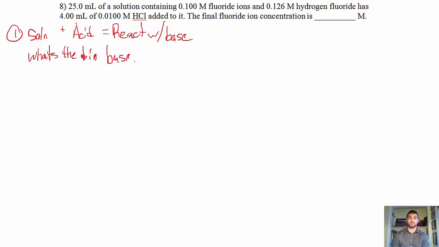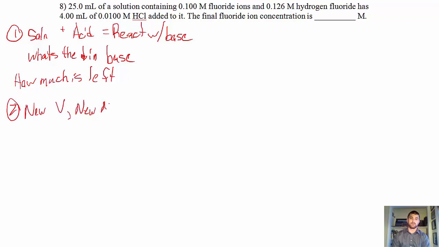How much base was used up by adding that acid? Because it's going to change our concentrations. So, how much is left? And the second part is going to be, well, we got a new volume, so we get new molarities as well. So let's start dealing with some of this.